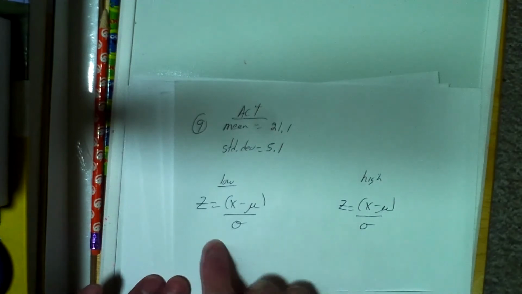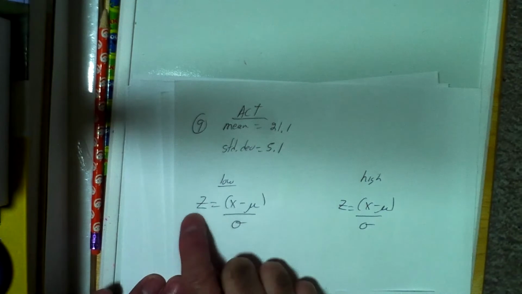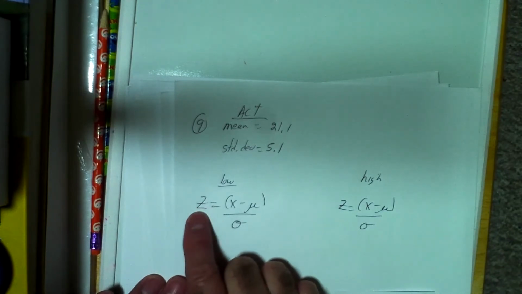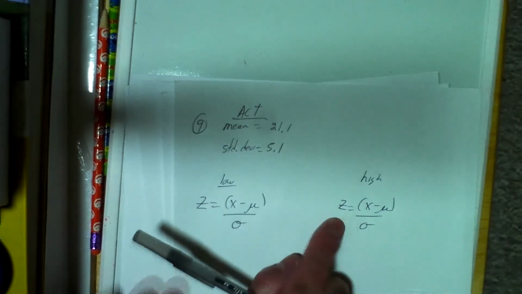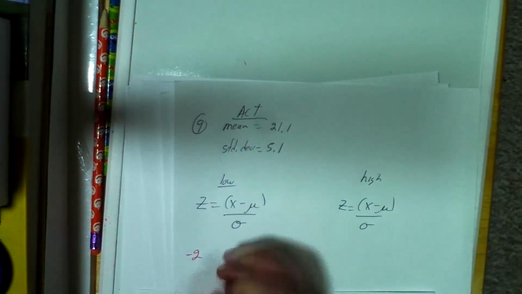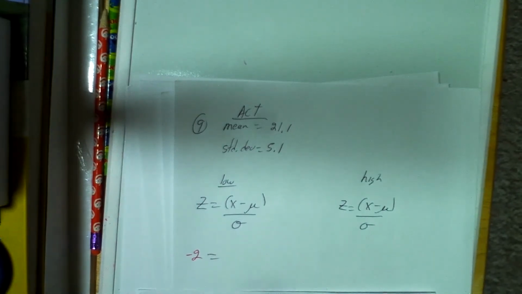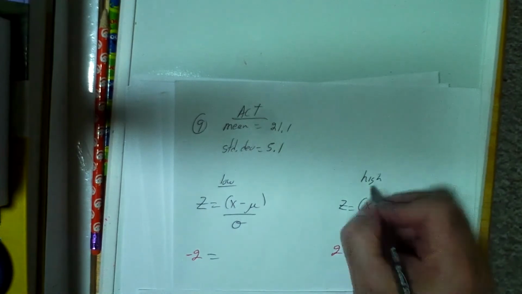And we are going to substitute the extreme numbers. Remember, it was -2 and +2. So that's where those numbers are going to come in. This is the low end, and the +2 is the high end, right?